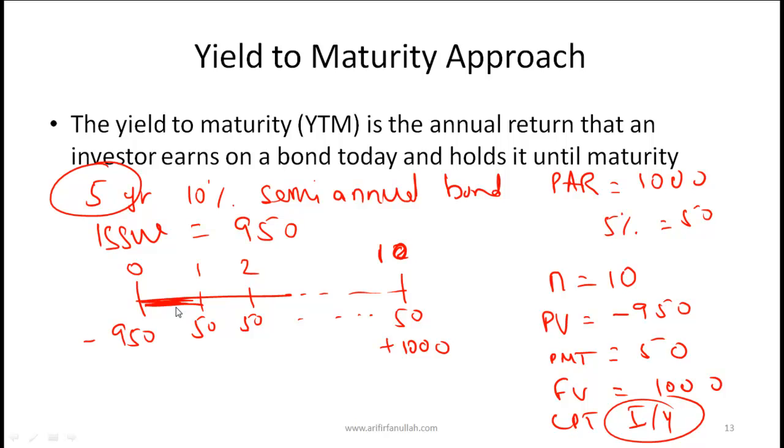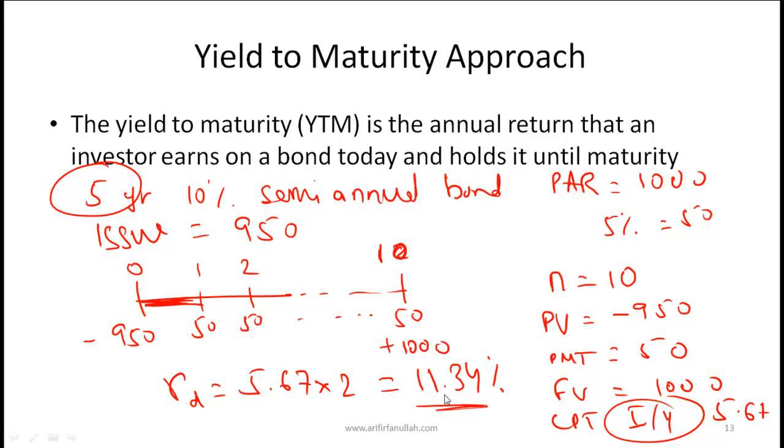So you can do the calculation. I am pulling up my calculator and doing the same right now. So let's get into the TVM mode. So you should get an interest rate of 5.67, and to come up with your cost of debt you need to do 5.67 multiplied by 2, which is 11.34%.